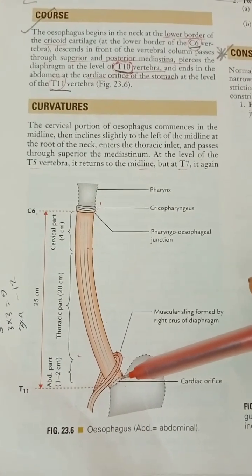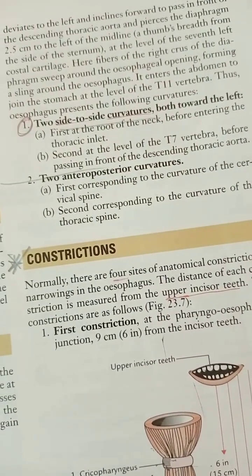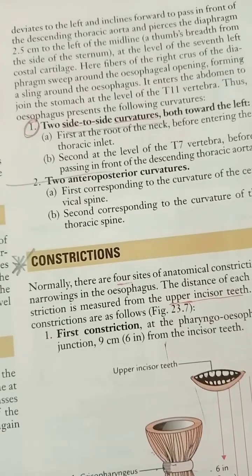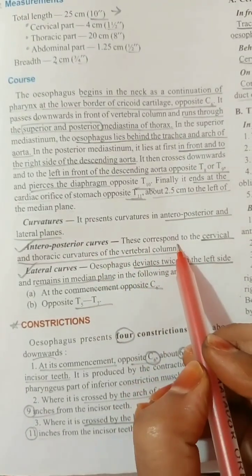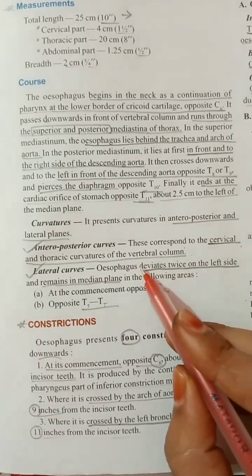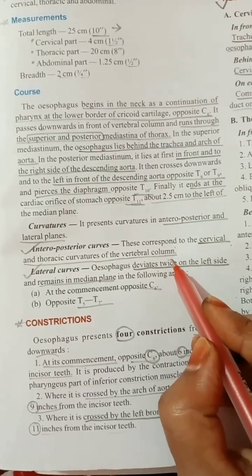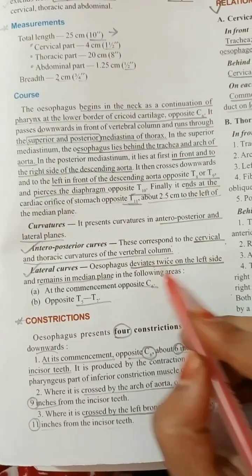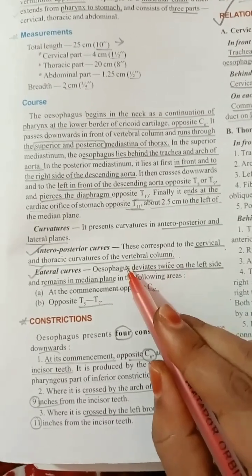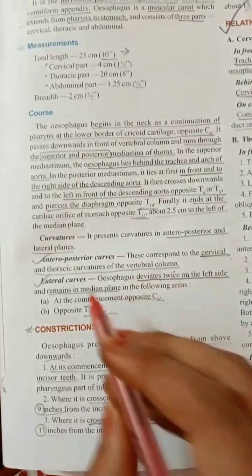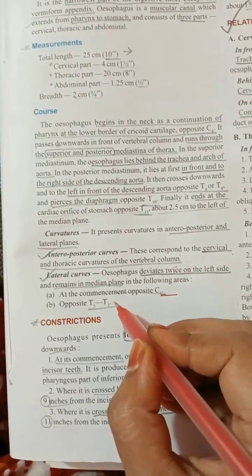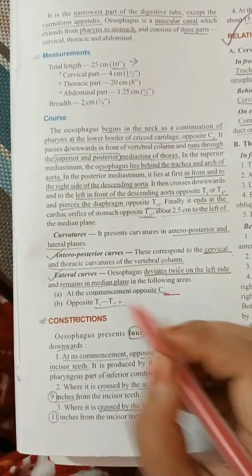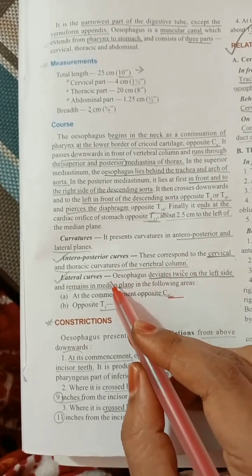Now the curvature. In the esophagus there are two types of curvature: anterior-posterior curvature and lateral curvature.